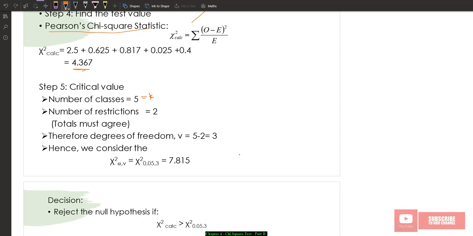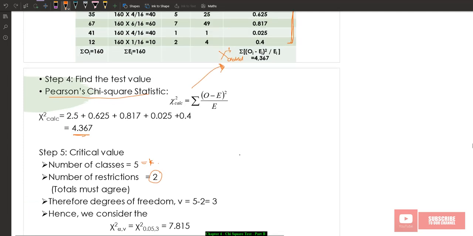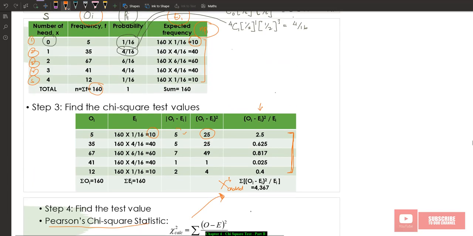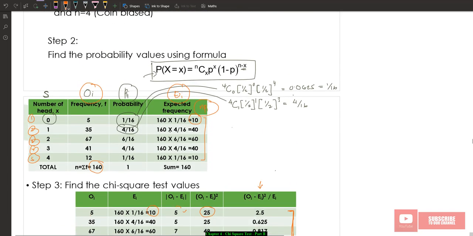Now the number of restrictions is equal to 2 because we are calculating the probability value using the formula. If you apply any distribution formula into our statistical table, we need to subtract an extra 1.